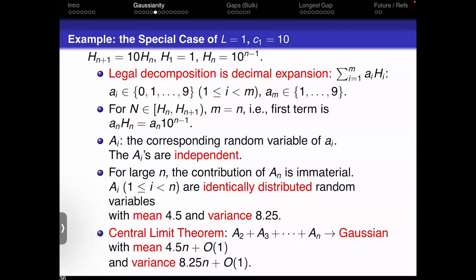So how many numbers have exactly 1 summand? How many have exactly 2? Well, if you want to have 1 summand, you've got to be the number 1 times hn. If you want to have 2 summands, what could you be?